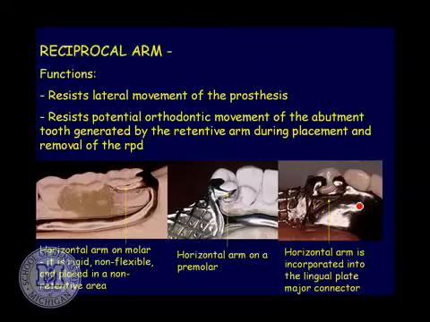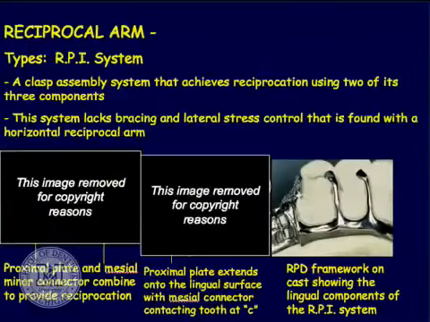The RPI system accomplishes the same thing, but with the RPI system, what happens is, if this is a mesial occlusal rest and a distal proximal plate, and there's an I-bar out here at the buccal pushing lingually, what happens is as the I-bar pushes lingually, this minor connector that goes up to the mesial occlusal rest touches the lingual surface of the tooth right here at the mesiolingual corner.